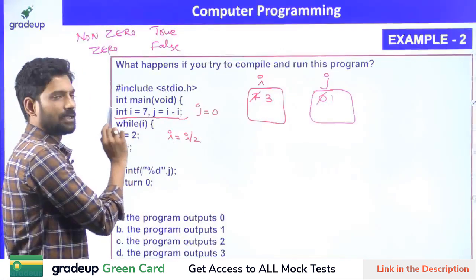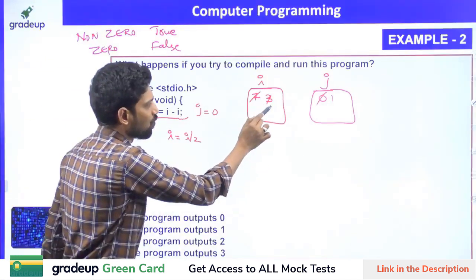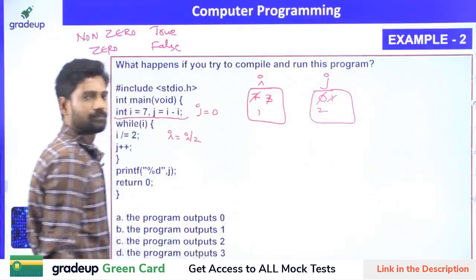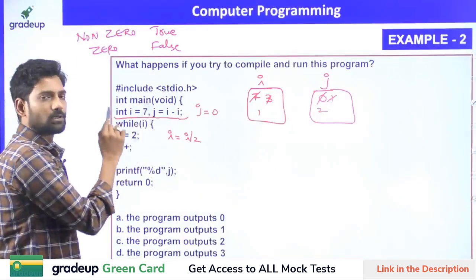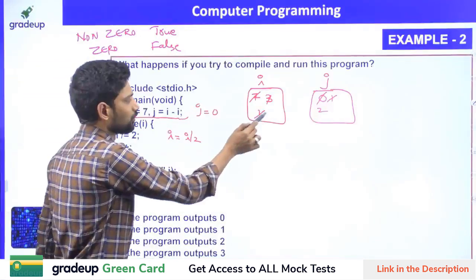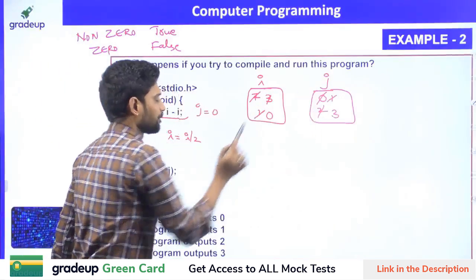Then while 3 true, i is equal to 3 by 2, 1. j++, j becomes 2. While 1 true, i equals 1 by 2, 0. j++, j becomes 3.